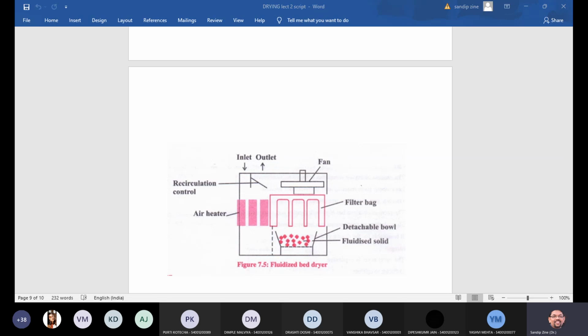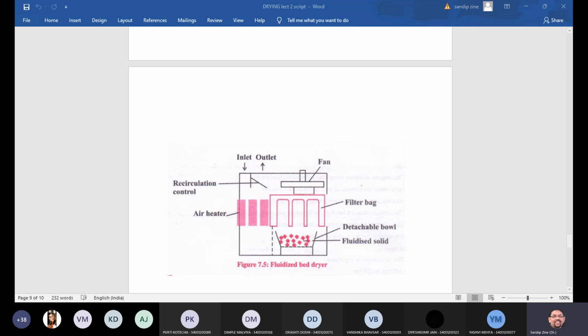The airflow is adjusted by means of the recirculation control. So as you are observing, this is the recirculation control, so we can monitor this, or we can optimize this in fact. Then one more point is there about the airflow, isn't it?